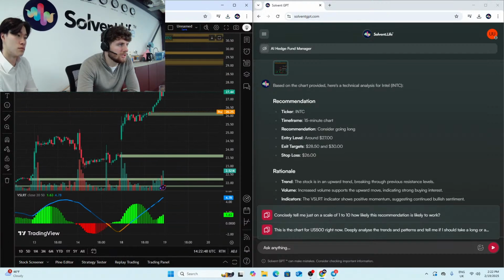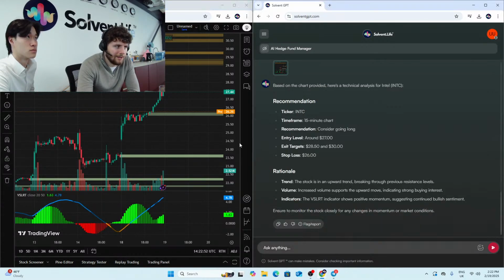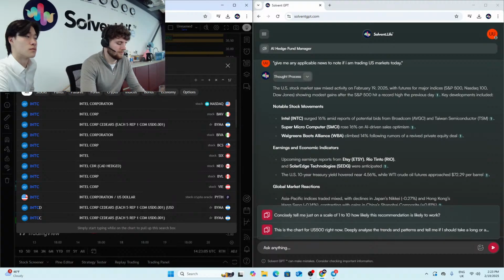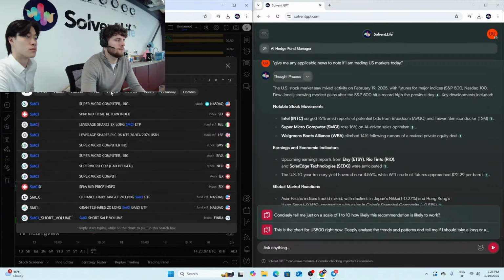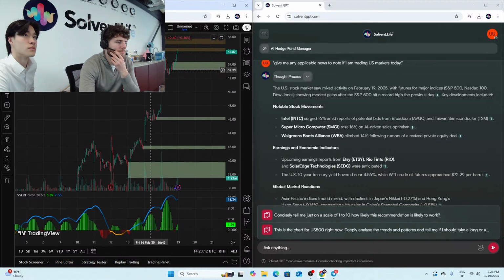So we could definitely take a trade on Intel. Maybe it's something we will do within the coming weeks. We could even ask for a couple other undervalued trades or top performing trades. What do we have here? Super Micro Computer. Maybe we could take a look at them. Fantastic. So looking very bullish as well.